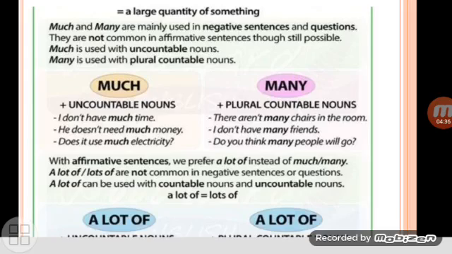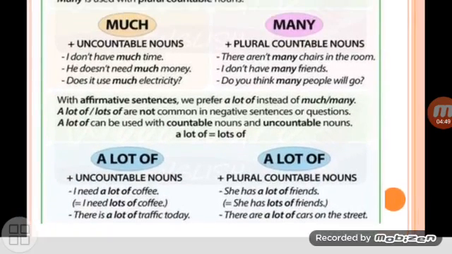We can use much with uncountable nouns and many with plural countable nouns. With affirmative sentences, we prefer a lot of instead of much and many. A lot of or lots of are not common in negative sentences or questions.